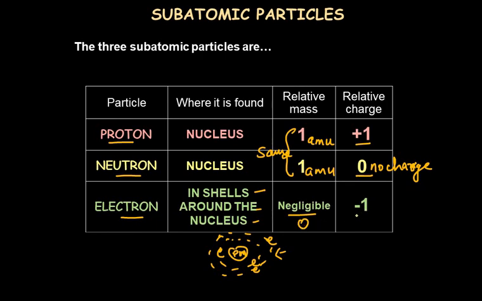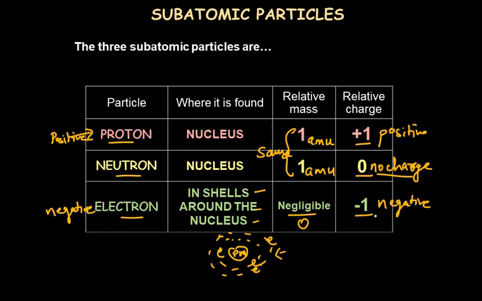But what about the charge? Charge is -1. So you can say that proton has a positive charge, electrons have a negative charge, and neutrons have no charge. So the positivity of any atom is due to protons and the negativity of any atom is due to electrons. Now that also we'll learn, how do we get the charge of an atom.